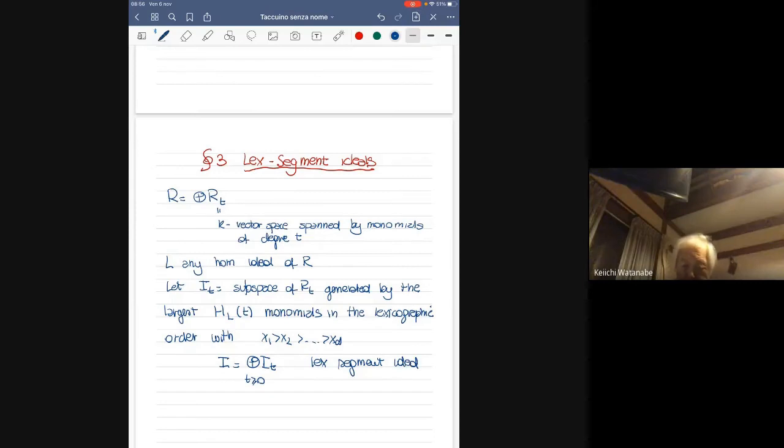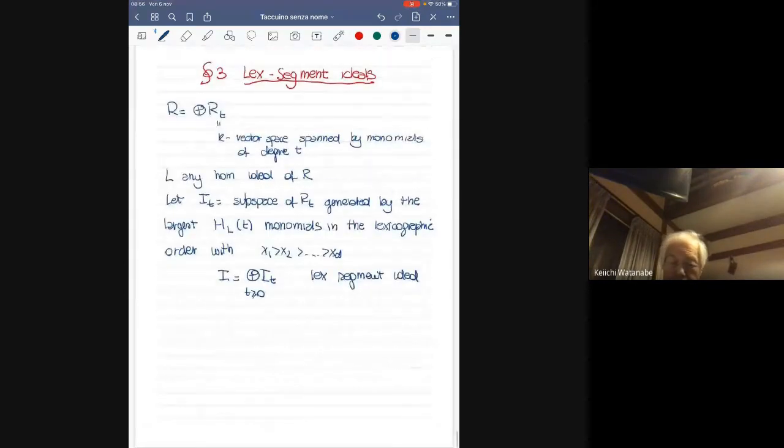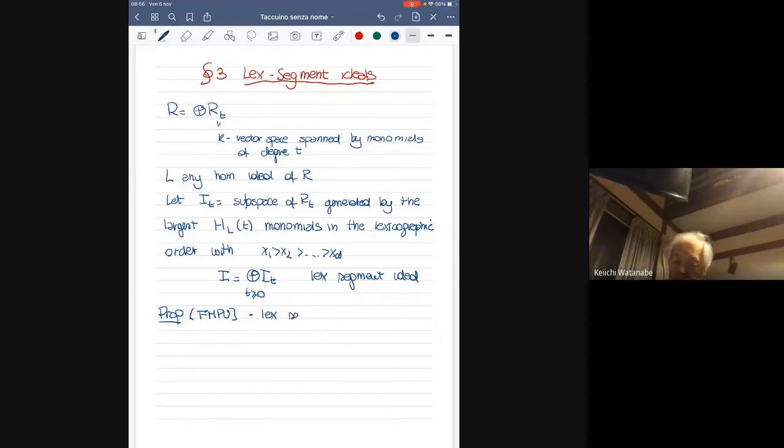And it has the same Hilbert function of L, and it is the largest ideal with the same Hilbert function and the largest Betti numbers. I mean, it has a lot of beautiful properties, and is very widely studied. Now, the proposition that we can prove, we prove with Fouli and Montaño, is that lex segment ideals that have L equal D, okay, have property star.